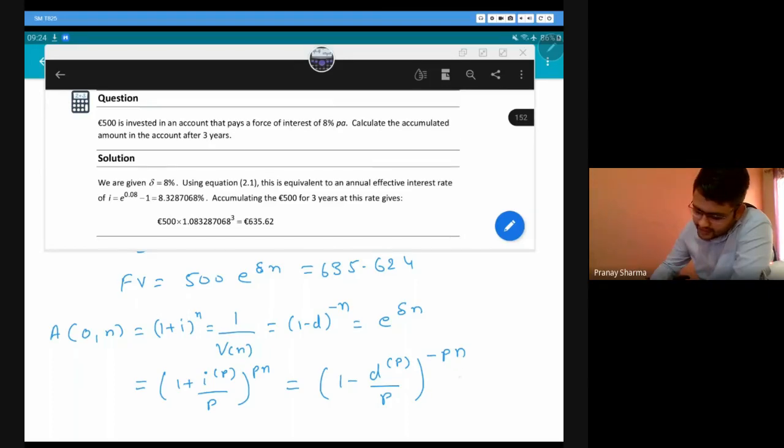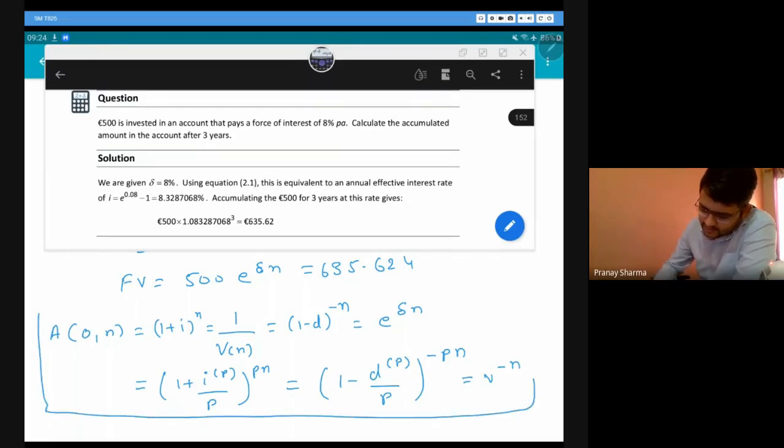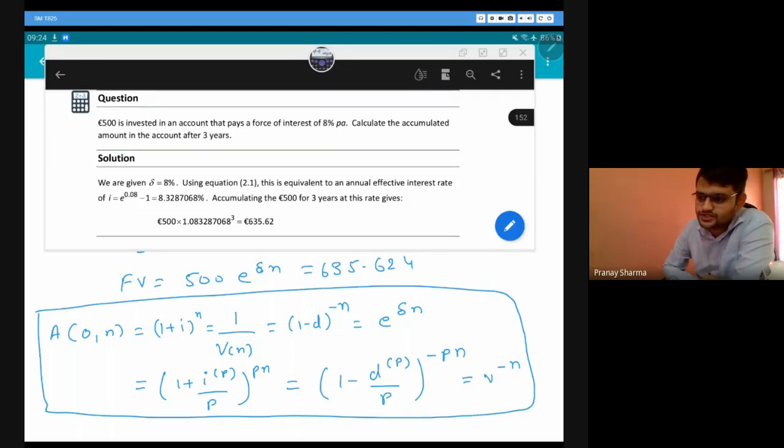And we also write it in terms of small v, so I'll have v raised to minus n.